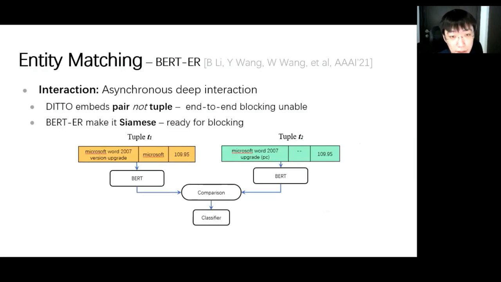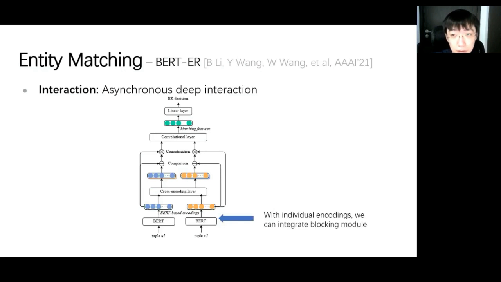But BERT-ER makes the network siamese. It encodes the tuples T1 and T2 individually, and uses a comparison step to do the deep interaction. The benefit of the siamese network is that we have individual encodings for each tuple, so we can readily integrate a blocking module to speed up the processing.